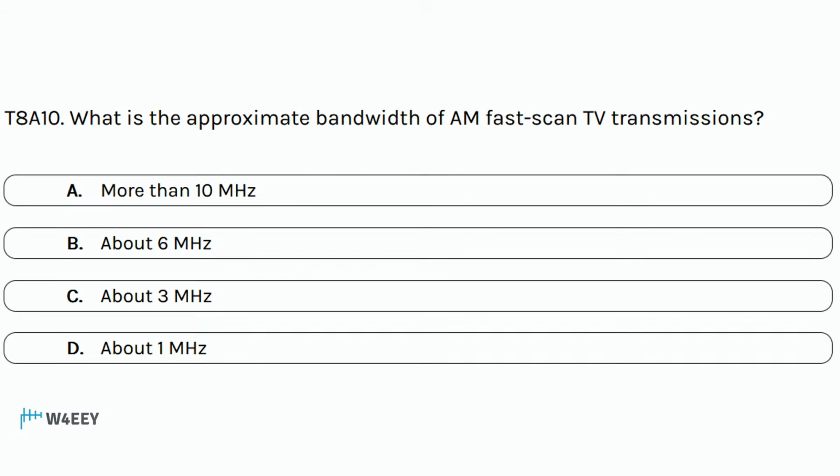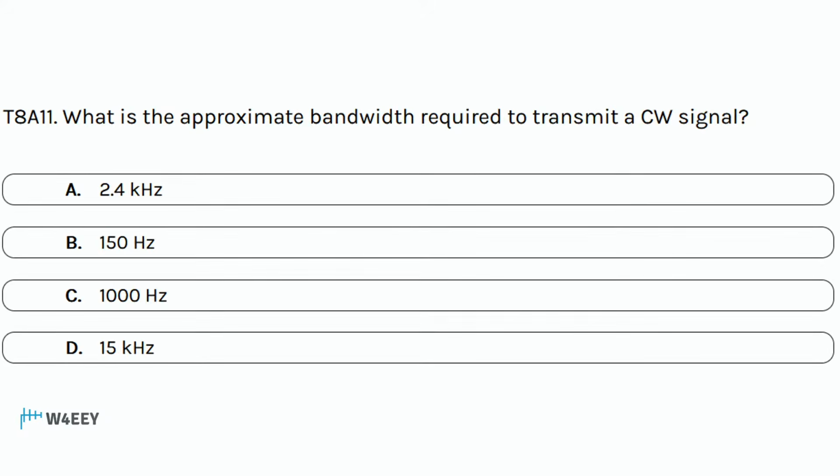So what is the approximate bandwidth of AM fast scan TV transmissions? Bravo. Yeah, the old analog standard NTSC, which we said stood for never twice the same color. All right, what is the approximate bandwidth required to transmit a CW signal? Bravo.